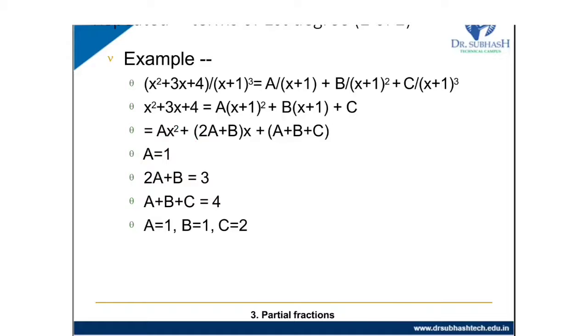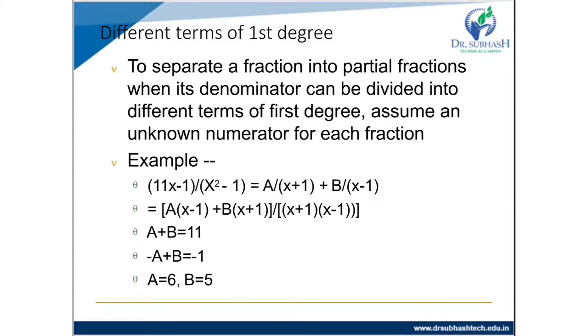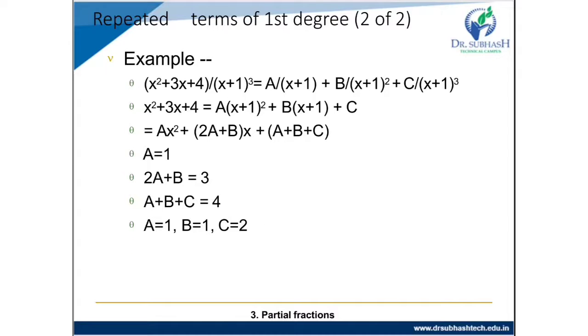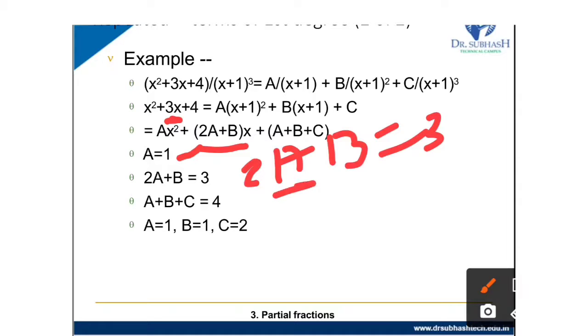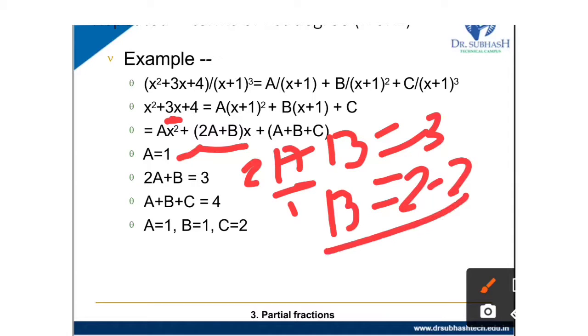Then 2a plus b equal to 3 by comparing both the equations. But we already found a equal to 1. So 2 multiplied by 1 equal to 2, and b equal to 3 minus 2. So we will get b equal to 1.